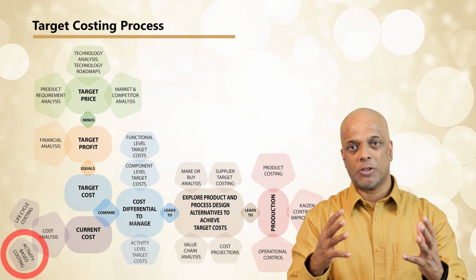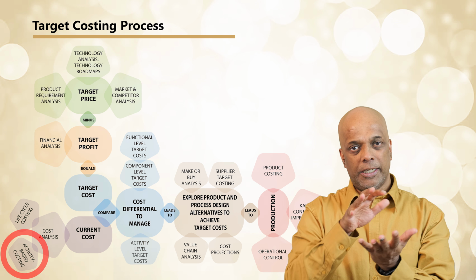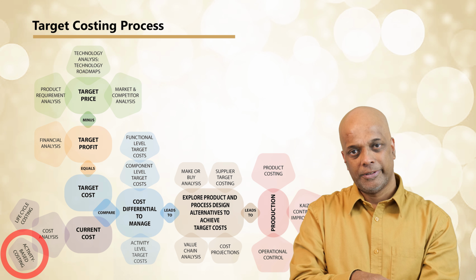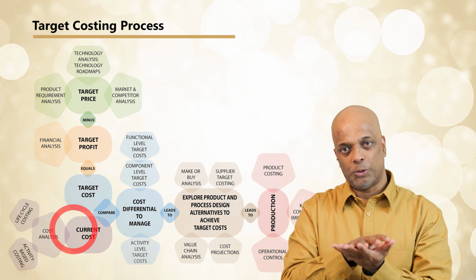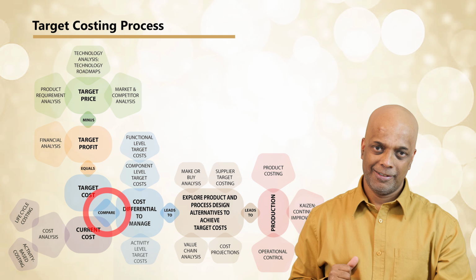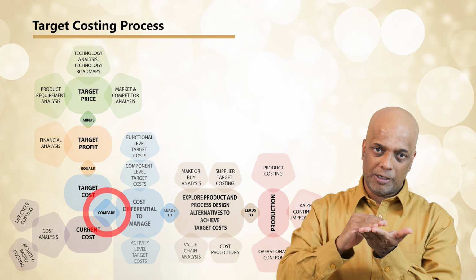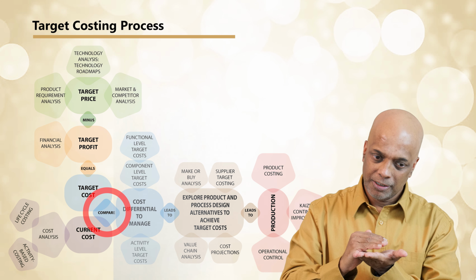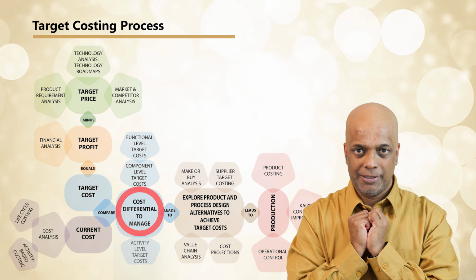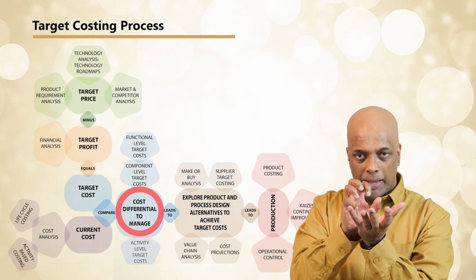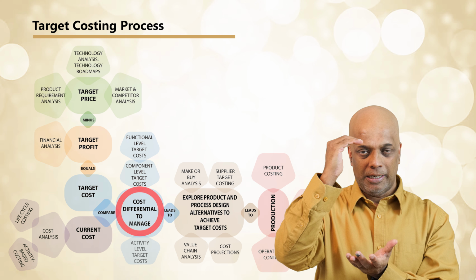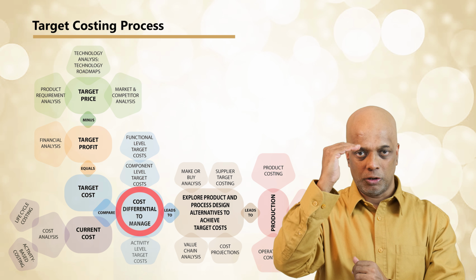So using various costing methods, you would determine your current cost. And then you have to compare your current cost with your target cost. When you compare them, you have a cost differential to manage, a particular cost gap to fill, a particular level by which your current cost has to be reduced.